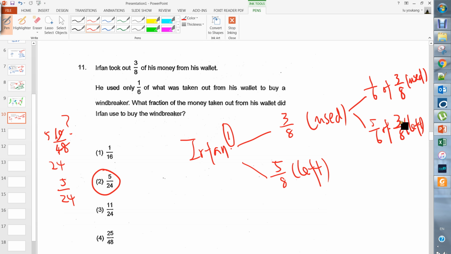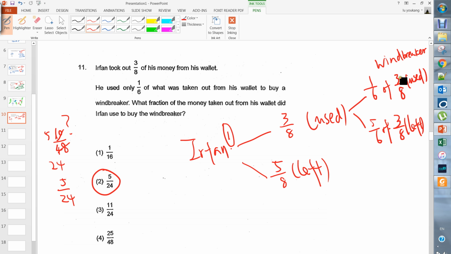Then now what does it say? Basically this one is used for the windbreaker. What fraction of the money taken out from his wallet did Irfan use to buy the windbreaker? So you just need to find out this, because they want the fraction for the windbreaker.